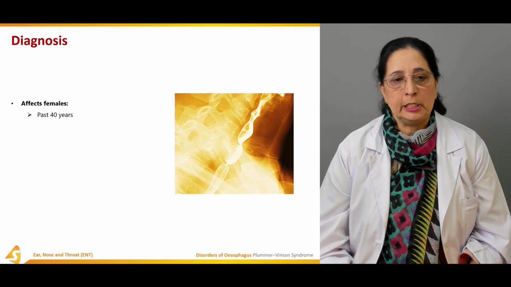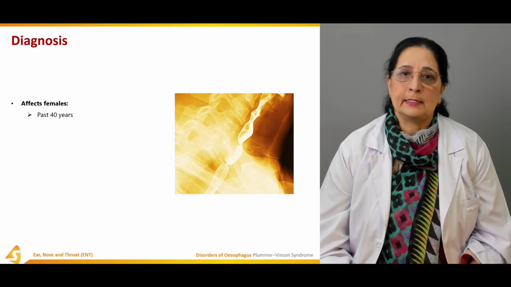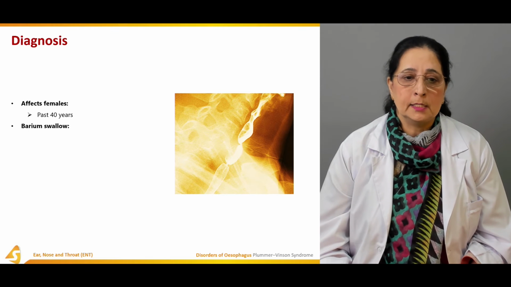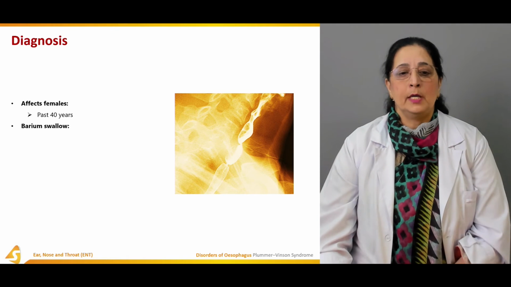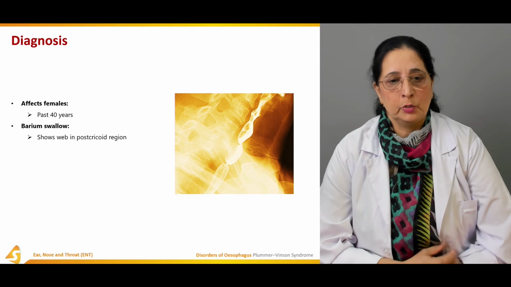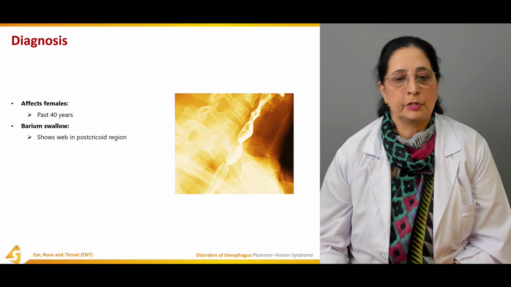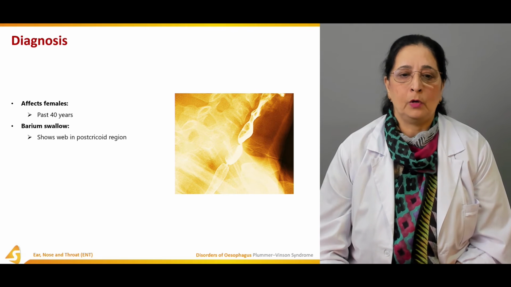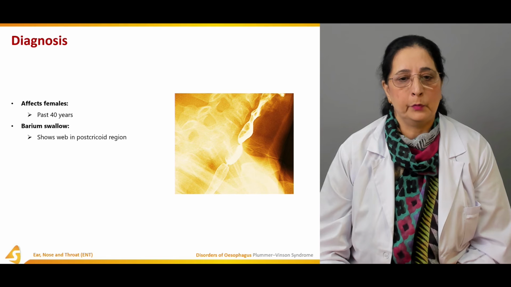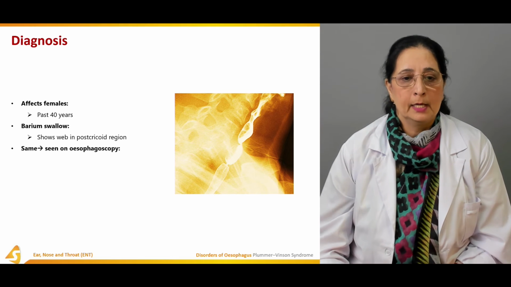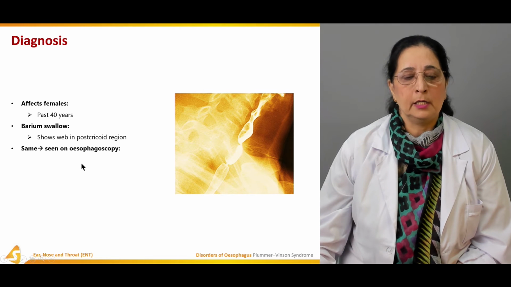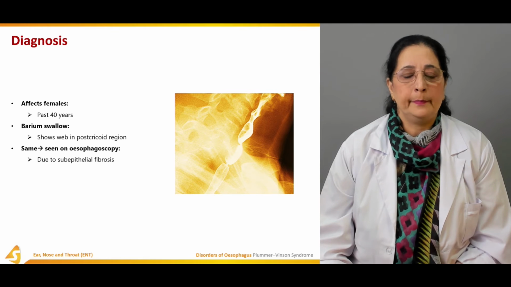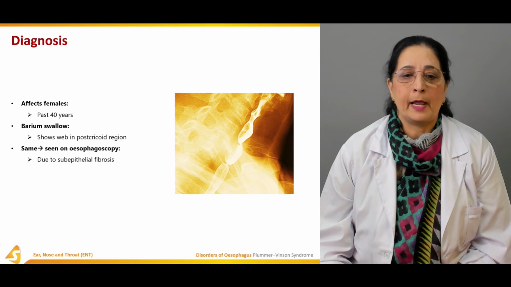Diagnosis of this condition: it usually affects females, mostly after 40 years. Barium swallow is performed, which shows a web in the post-cricoid region. The same is seen on esophagoscopy, due to subepithelial fibrosis.